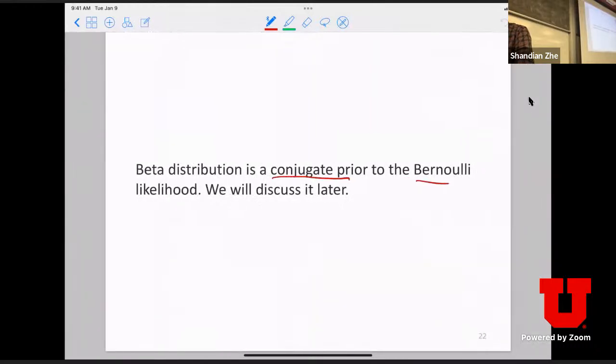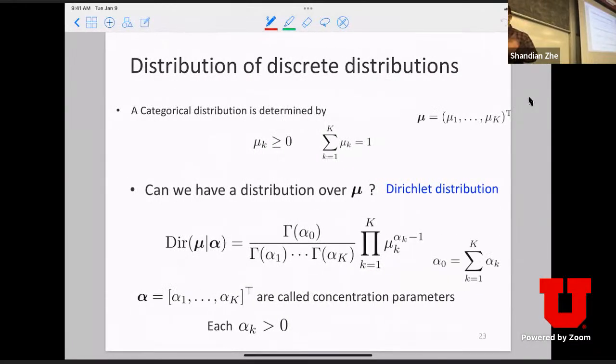Okay, so we're going to talk about the conjugate prior. What is a conjugate prior? This is very important in Bayesian statistical literature. Now, let us consider the general categorical case. If I have a categorical random variable which can take k possible values, we know that to model such a random variable we can use a categorical distribution, which is determined by a probability vector, mu1 to mu k.